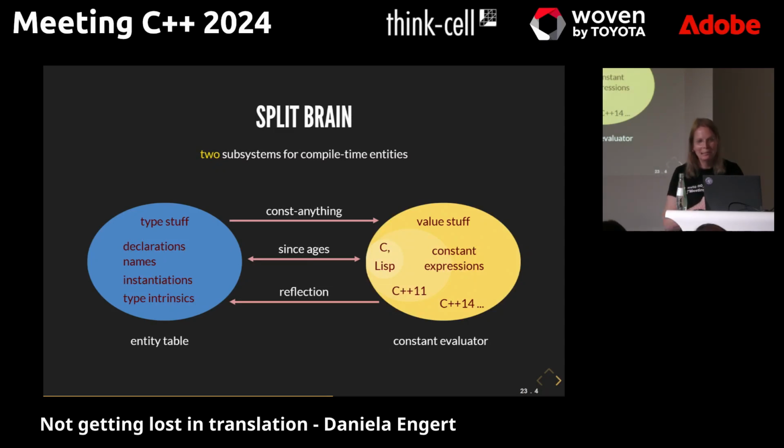You should know it. But we have tables in the compiler which handle all the entities that we have seen so far, all the type stuff, but we also have some entity in the compiler which does the evaluation of our constant expressions. Both of these are pretty old. The constant evaluator was called a long time ago constant folding, and it did pretty simple stuff only.